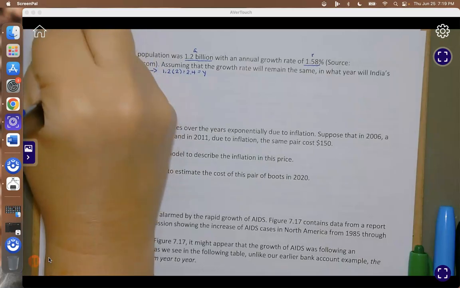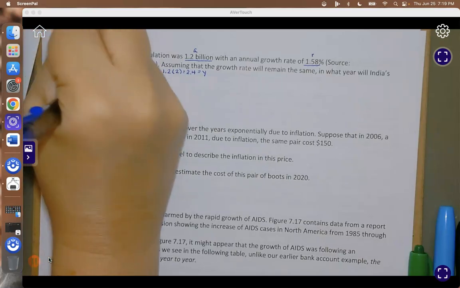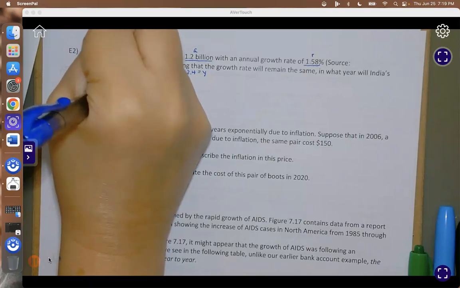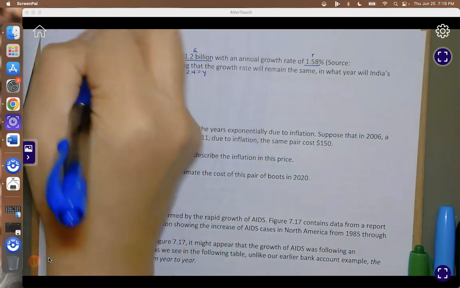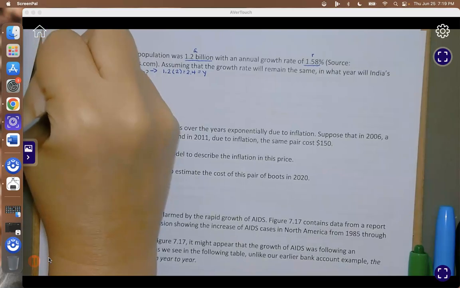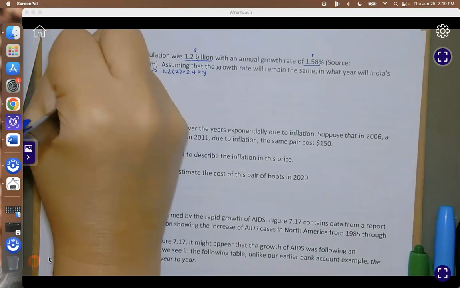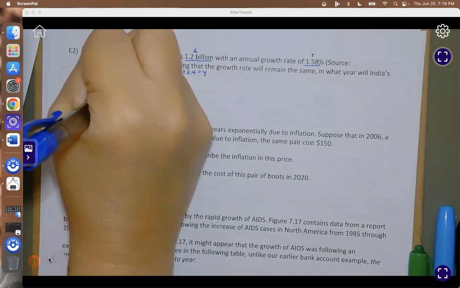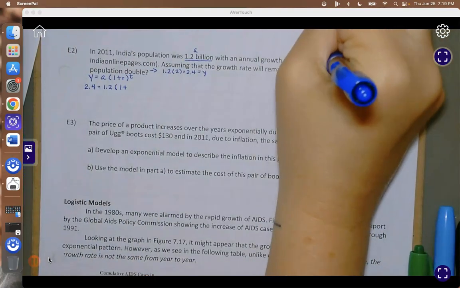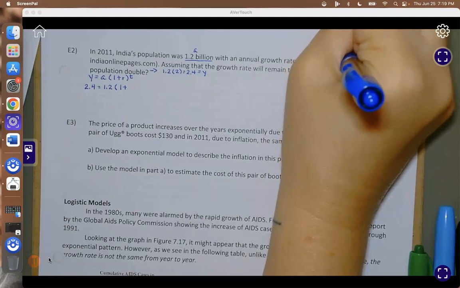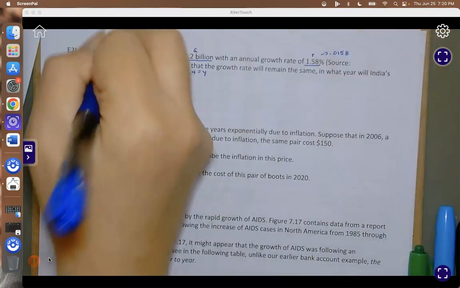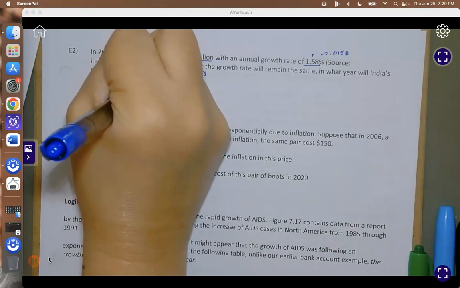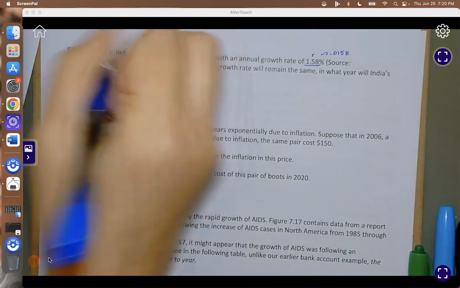Okay, so if we look at the equation, y equals a times 1 plus r to the t power, we plug in what we know. We know 2.4 equals 1.2 times 1 plus, and remember this is going to be 0.0158, to the t.